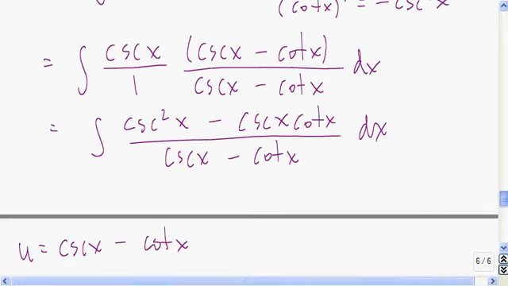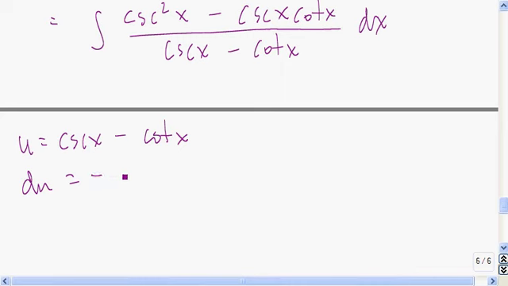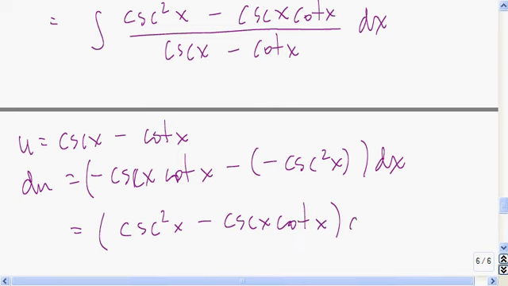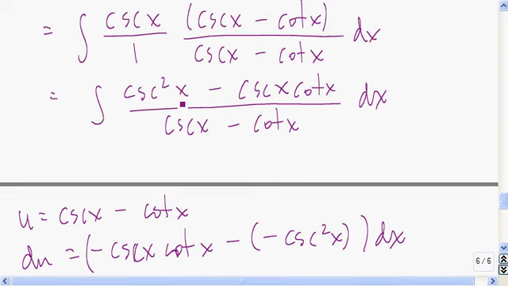Just reminded you guys of those. So that's going to be negative cosecant x cotangent x minus the derivative of cotangent, which is negative cosecant squared of x. So that's equal to negative times a negative, that's going to be positive, so that's going to be simply cosecant squared of x minus cosecant x cotangent of x dx, which is precisely our numerator here.